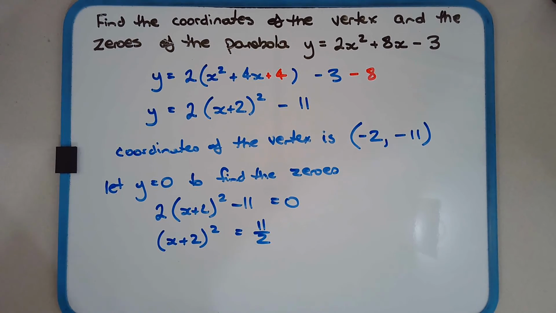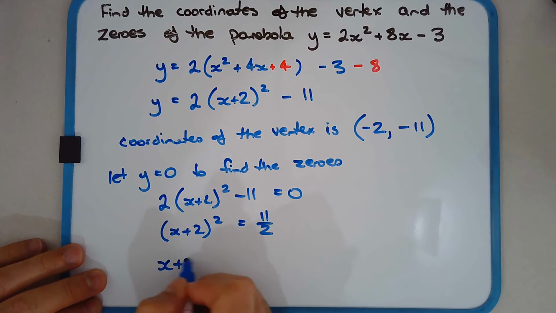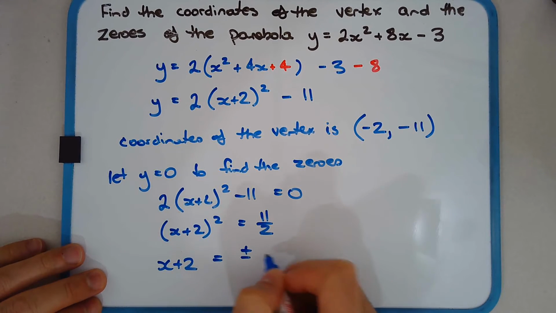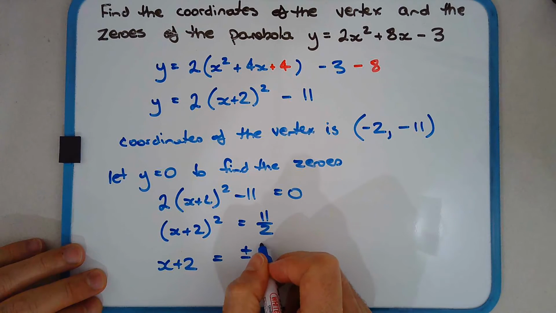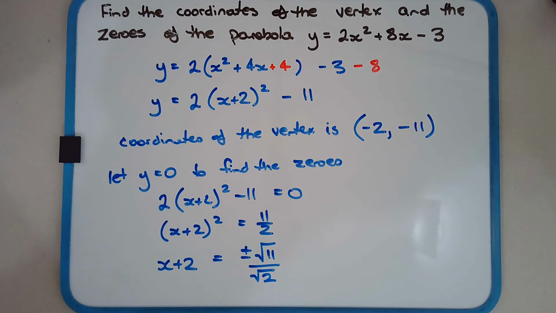Take the square root of both sides. So we have x plus 2 is equal to plus or minus the square root of 11 over the square root of 2.